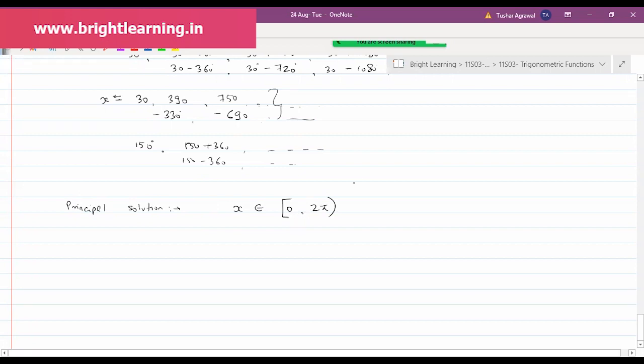Okay, x belonging to 0 to 2 pi means the normal interval that we have: first quadrant, second quadrant, third quadrant, fourth quadrant, the smallest values that we have. Observe here that 2 pi and 0 are actually the same angle. 2 pi is 360 degrees, but I have discarded 360 degrees. I will take 0 degrees. So these are the smallest values satisfying the solution.